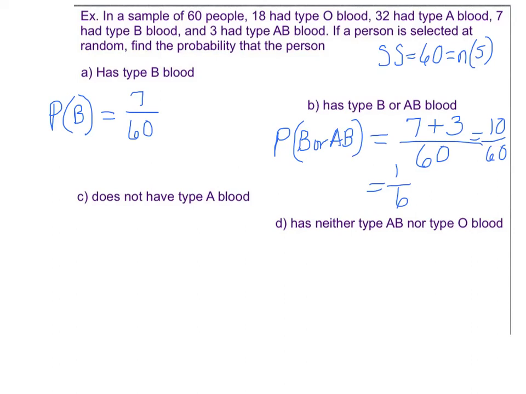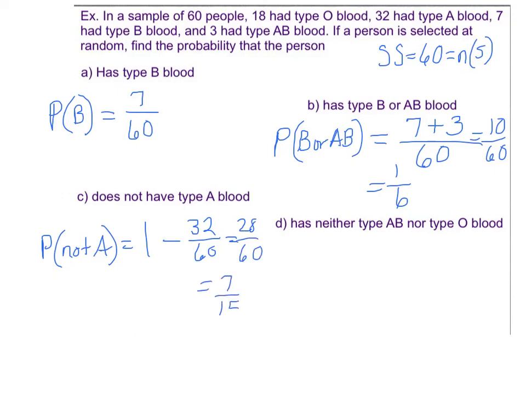So the probability of not A would be 1 minus, well, how many people have A blood? 32. So 32 of 60. And then that would equal 28 over 60, which reduces down to 7 over 15.